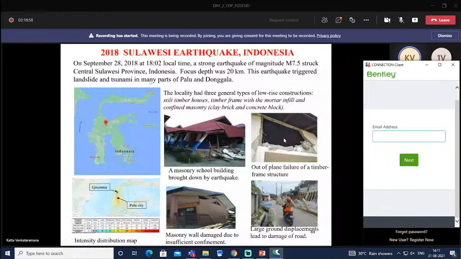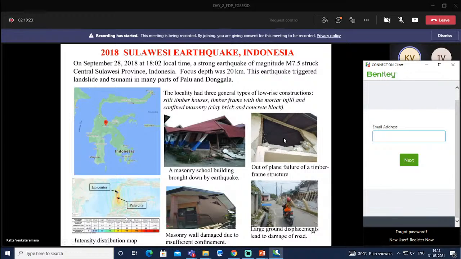Focal depth was 20 kilometers. This earthquake triggered landslides and a tsunami in many parts of the Palu and Donggala region. This is the Palu region here. The intensity distribution map is shown here.